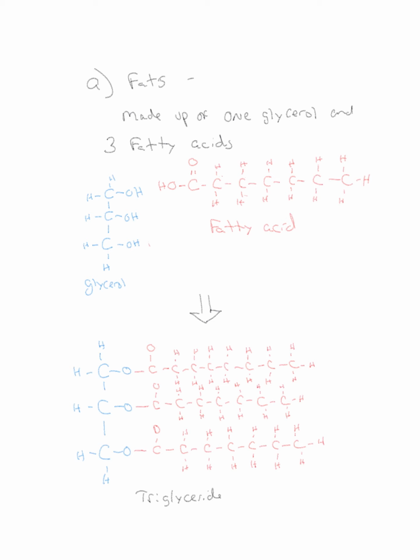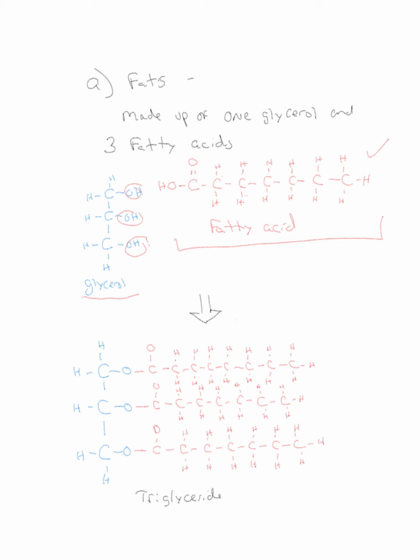Fats are made up of 1 glycerol and 3 fatty acids. Here I drew a glycerol and also 1 fatty acid. We bond together 3 of these fatty acids to 1 glycerol. You can see there's a spot where the fatty acids can bond: one will bond here, another here, another here.